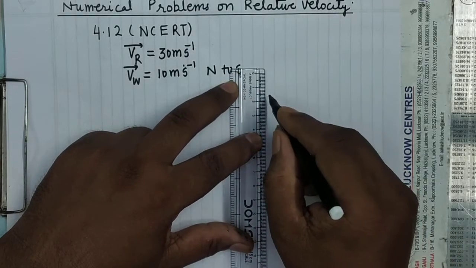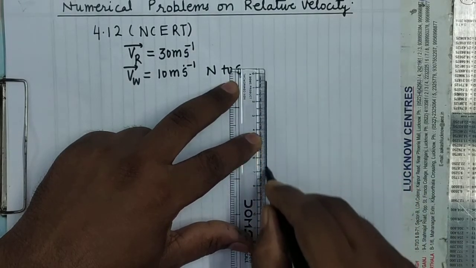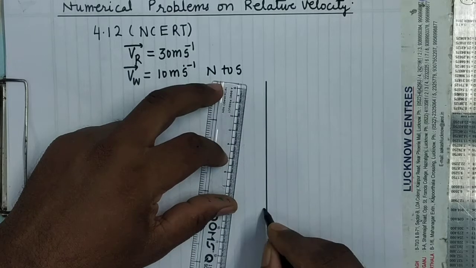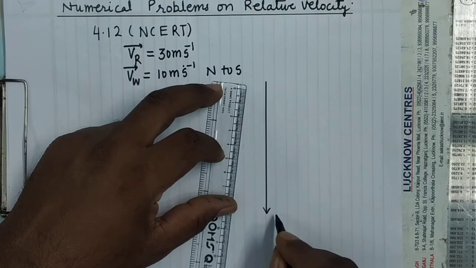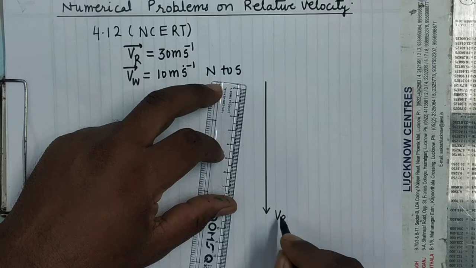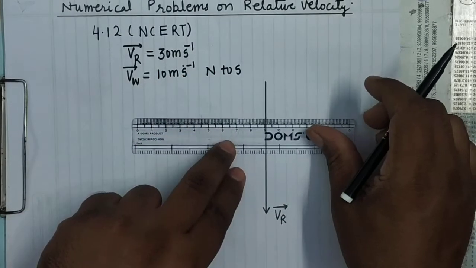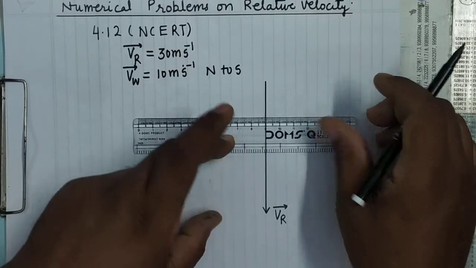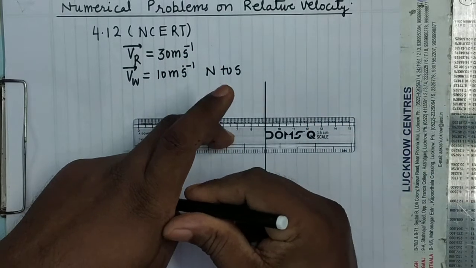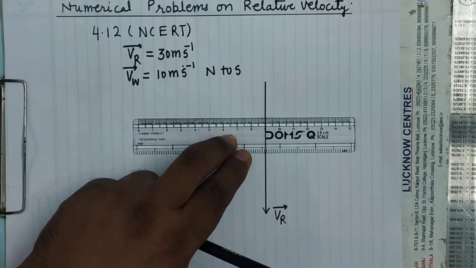Here rain is falling vertically downward in this direction. This is the direction of rain. And woman is bicycling in this direction from north to south.